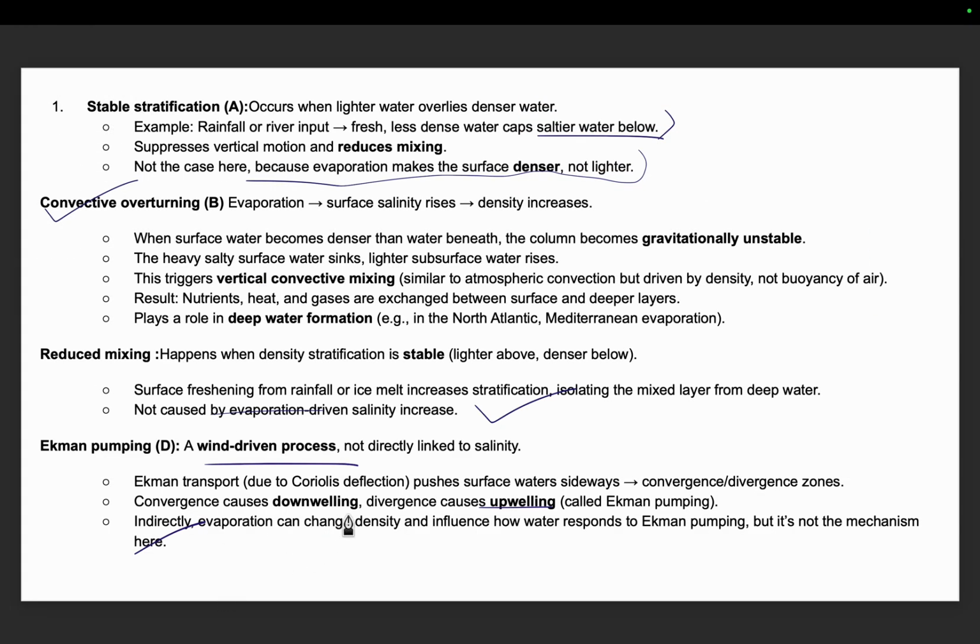For now, you can think of Ekman pumping as linked to a wind-driven process which pushes surface water sideways into convergence and divergence zones; convergence causes downwelling and divergence causes upwelling, which is known as Ekman pumping. We will discuss Ekman pumping again in the El Nino chapter, later.